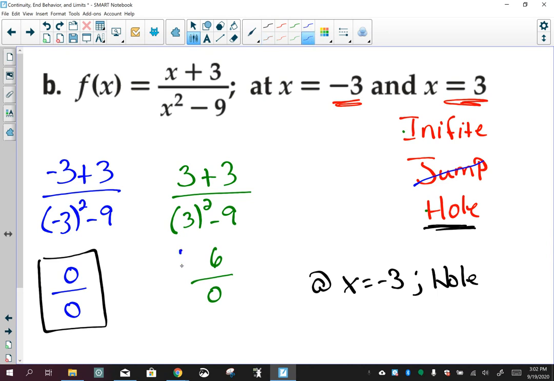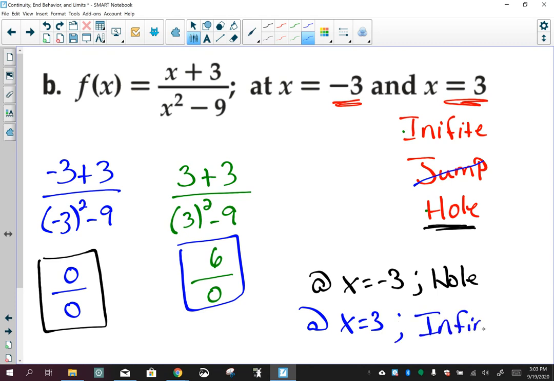When you're looking at this one here, because I don't have 0 over 0, I have something over 0, you have an asymptote, so you're going off to infinity. So at x equals 3, you have an infinite discontinuity. Okay?